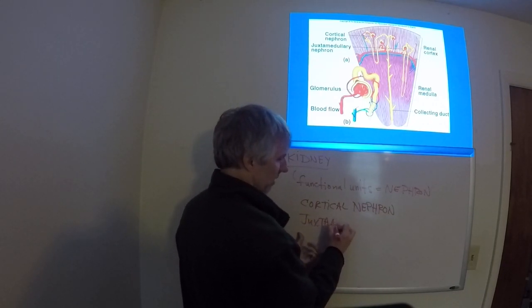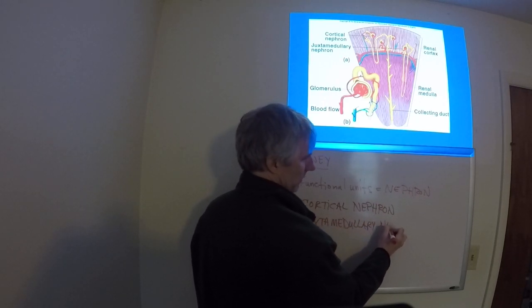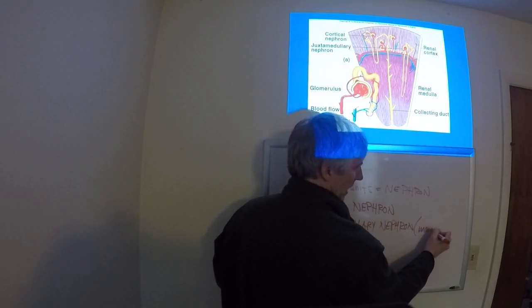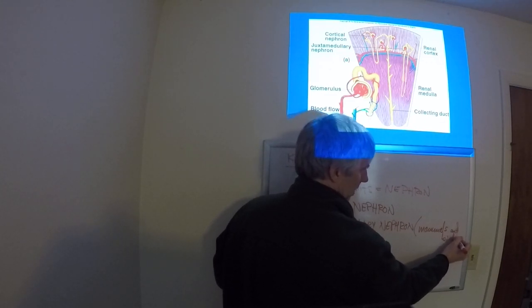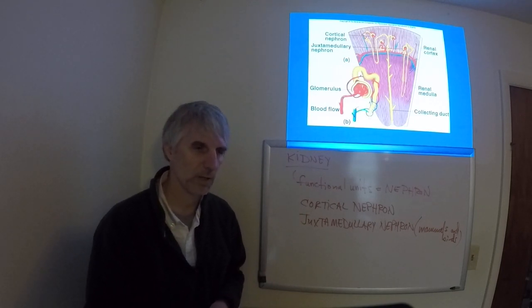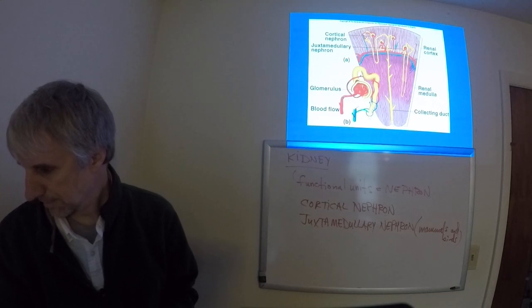This is called a juxtamedullary nephron. And I think I mentioned here, worth writing it down, that mammals and birds are the ones that, in addition to the cortical nephrons, also have these juxtamedullary nephrons. Okay?